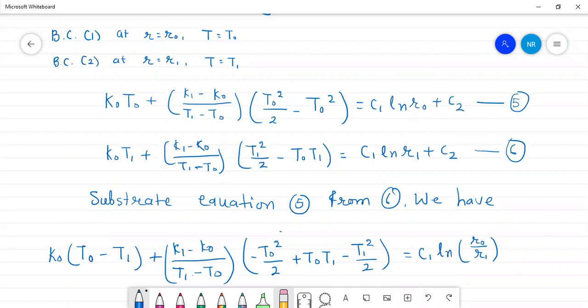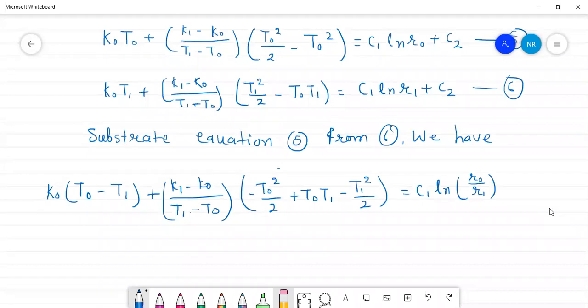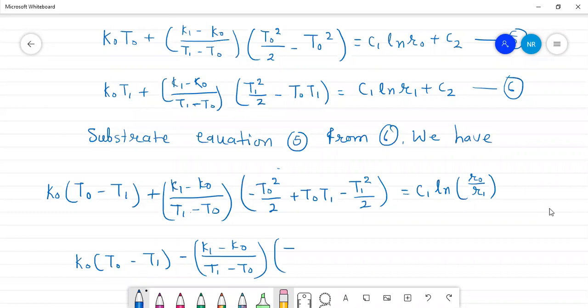If we take 2 outside, then K0 times T0 minus T1, minus K1 minus K0 times T1 minus T0, times T0 square minus 2T0 T1 plus T1 square. So 2 will be coming out.